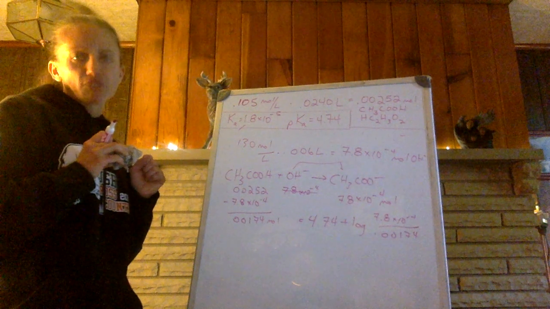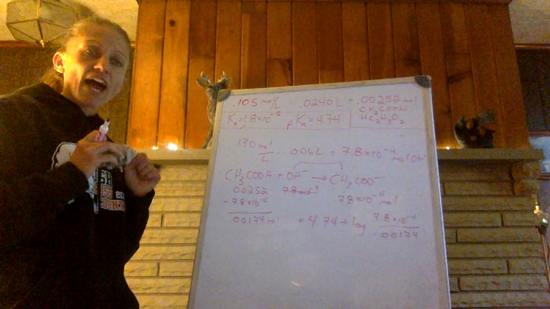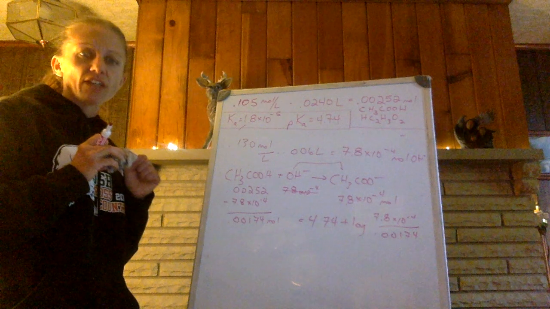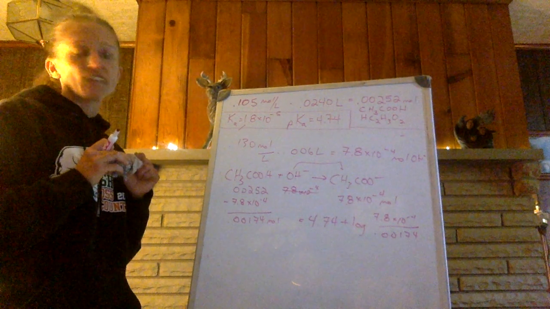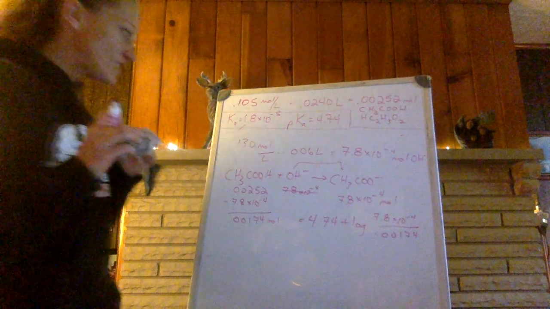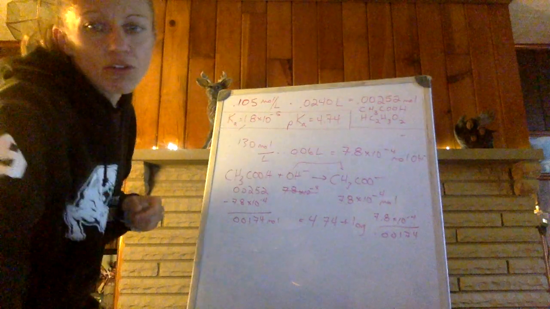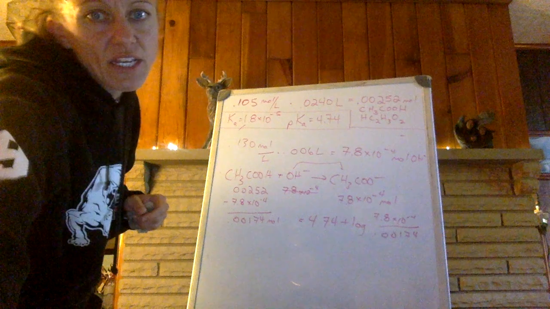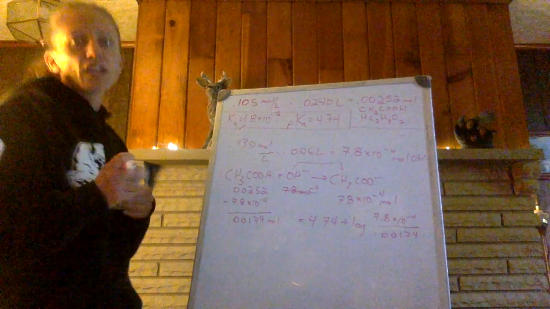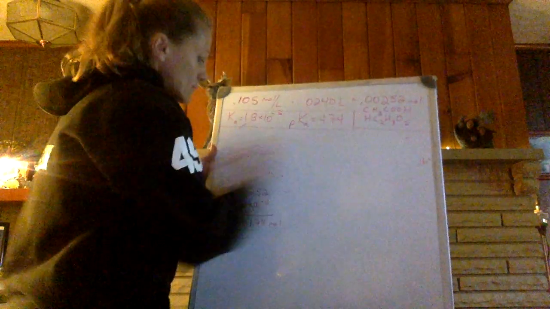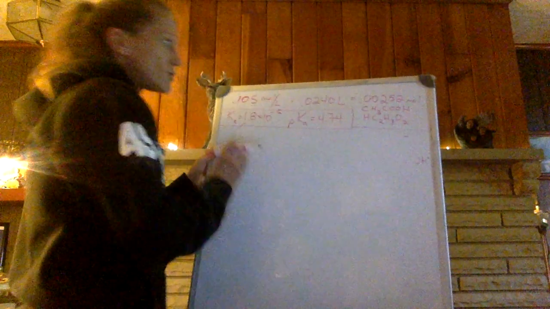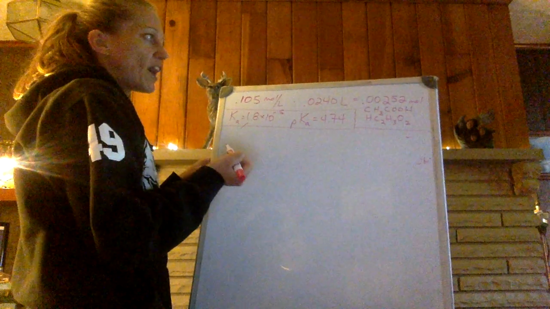pH at the equivalence point. When this is a strong acid and a strong base, we're at 7. No, because it's a weak acid with a strong base, it's going to be above 7. But this is okay. We can get through this, because what's going to happen, even though it's a little bit of a mess, is I added base at my equivalence point. Follow along, we got this. So I've got 0.00252 moles.